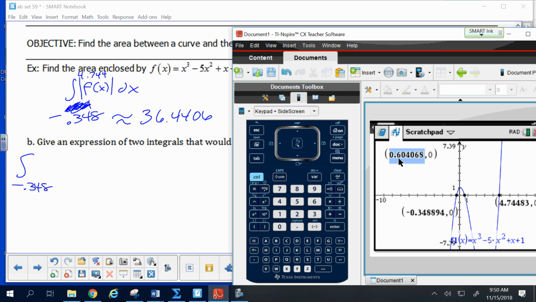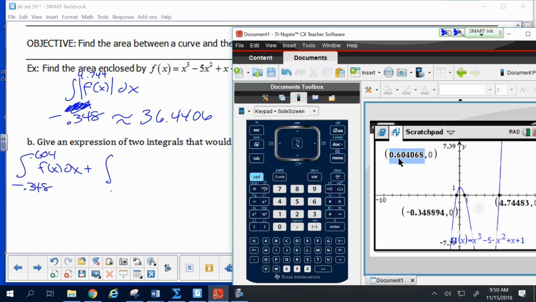So talk to me. The first region, this region here, from negative 0.348 to 0.604 of f of x. Add to that the region here. How are you going to find that region?